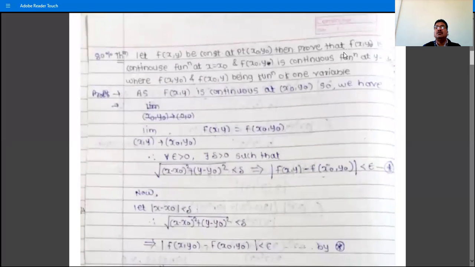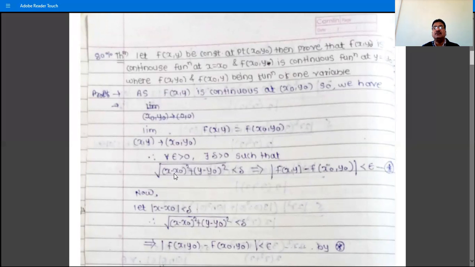In order to show f(x, y0) is continuous at x = x0, what we have to show? For every epsilon greater than 0, because of the definition, when the function f(x, y) is continuous at (x0, y0), here we write y as y0, then this is 0.